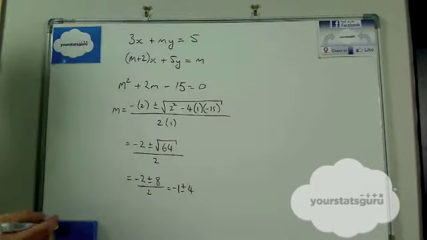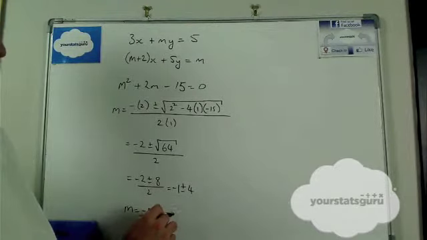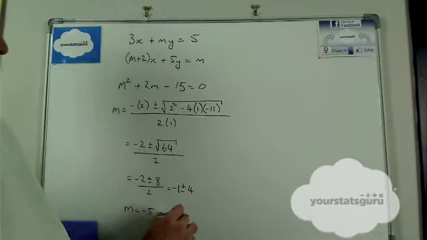So the two values we're going to get are that m is equal to negative 5 or m equals positive 3.